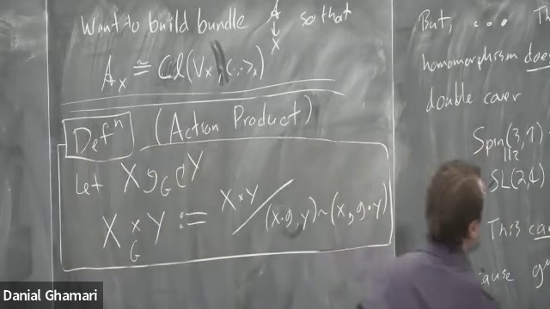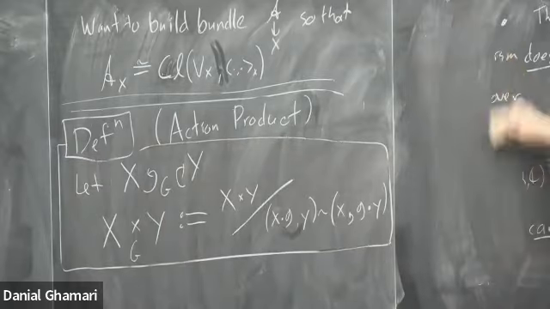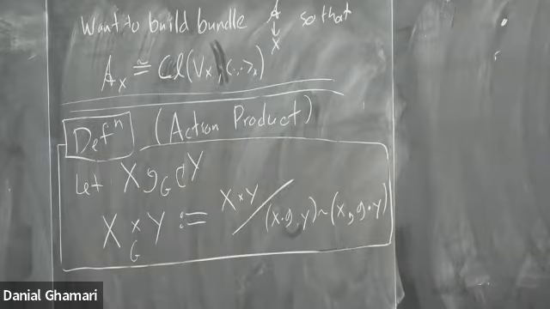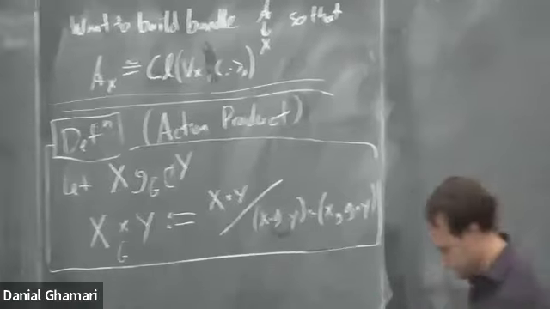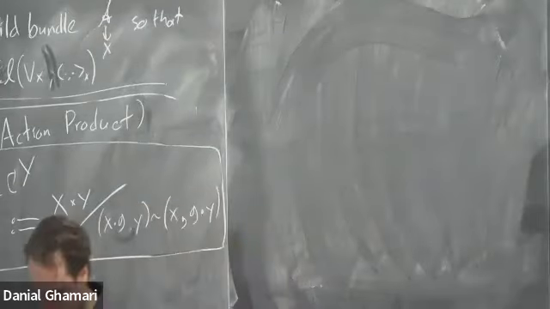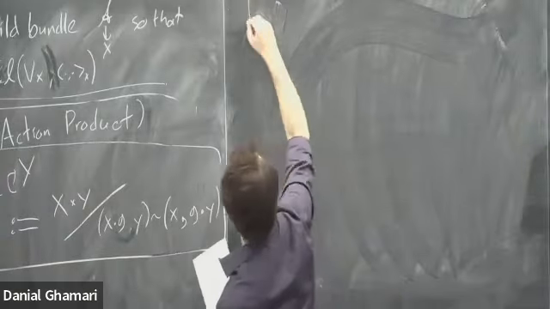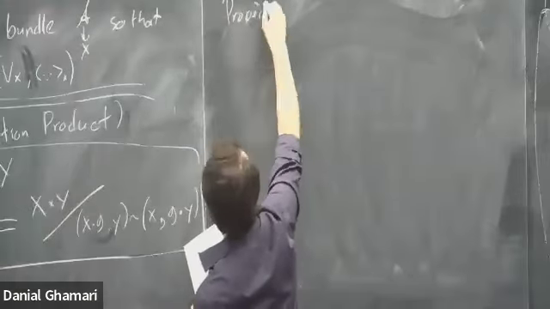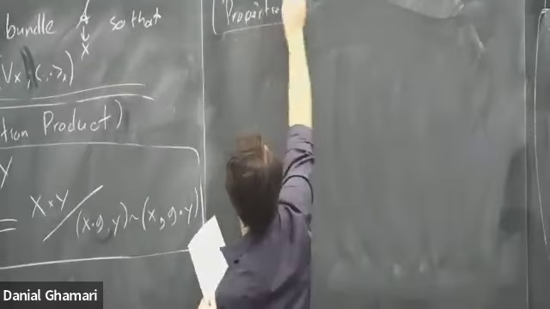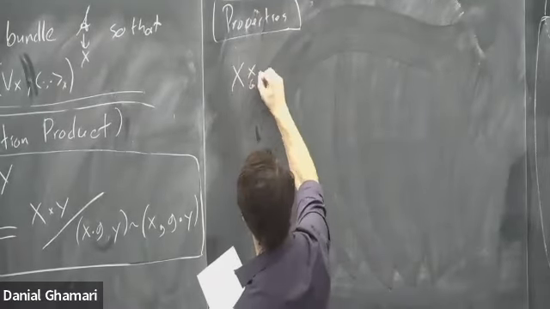It's kind of weird to think about until you work with it for a little while, and it's still pretty weird to think about. So I'm going to give you the properties that are important to us for doing these constructions. Okay, here it is. So, properties for this thing.